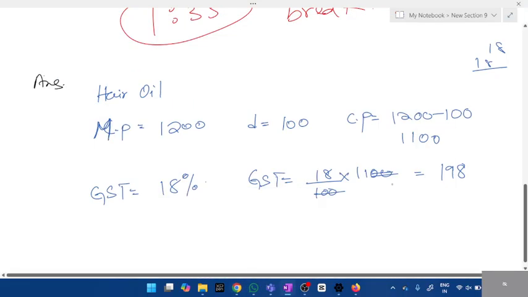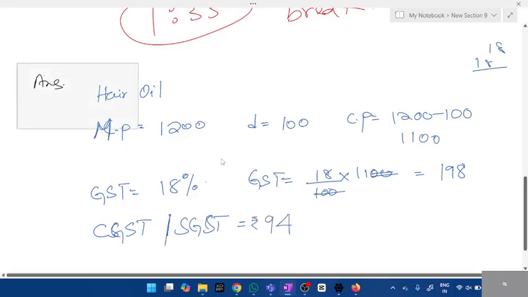All of you got 198 as the GST amount? Yes. Okay, write all the statements. Then what will be the value of CGST or SGST? What is half of 198? 99. Right? Write all these values. Next, for air oil, it's done.